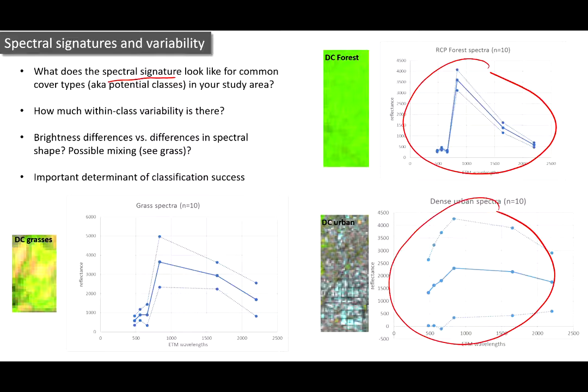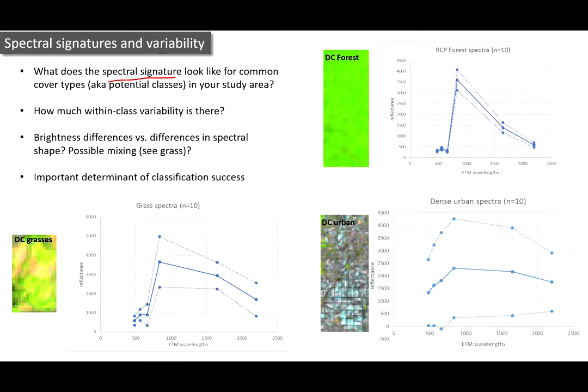We can look down here at this spectrum and say it's probably some kind of impervious surface. What I'm showing here is how consistent the spectra are for a given class.